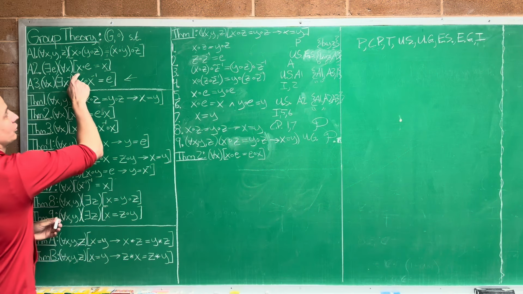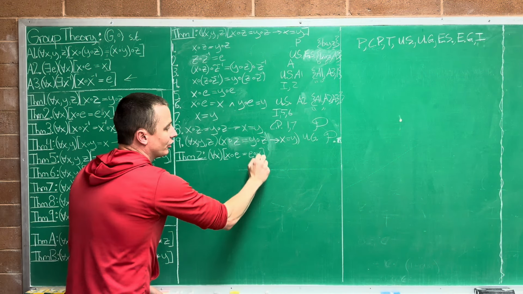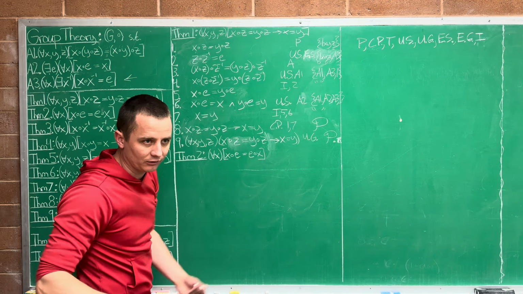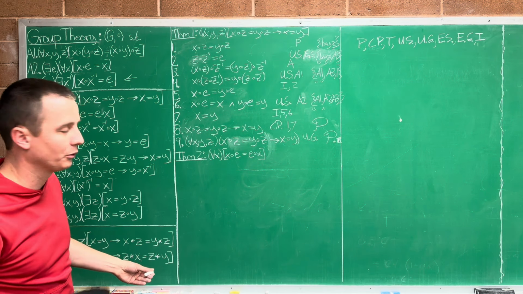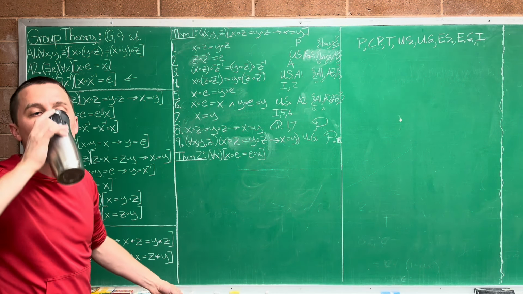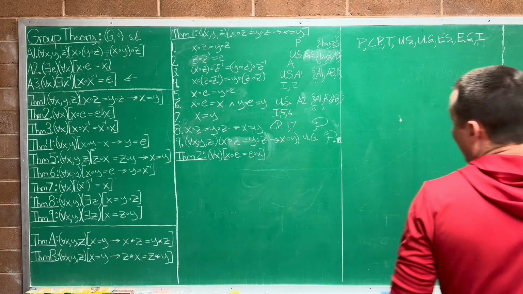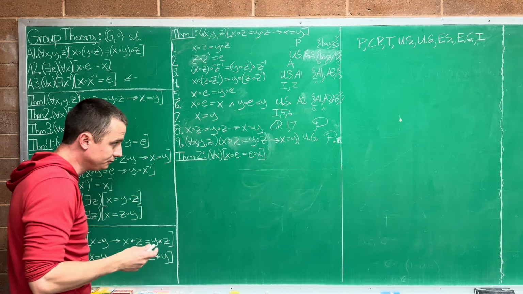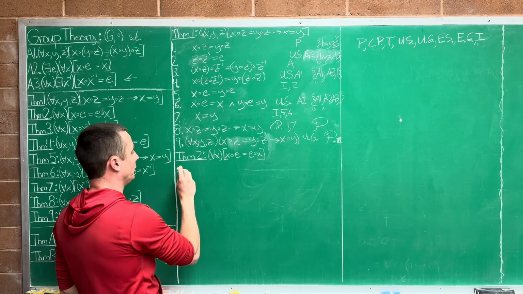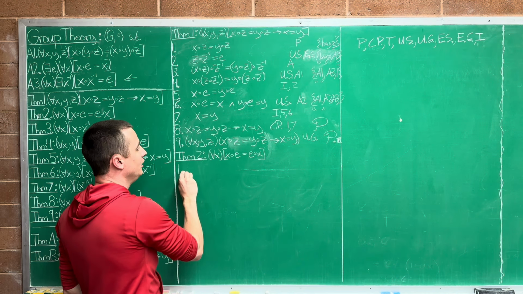Because we already know x circle e gives you back x, so e circle x must also just give you back x. Make sense what we're proving? Are we going to do the same thing, or are we just doing a scratch proof? So now we're just going to do a scratch proof. We're going to do an informal proof. That's what they call it, an informal proof.